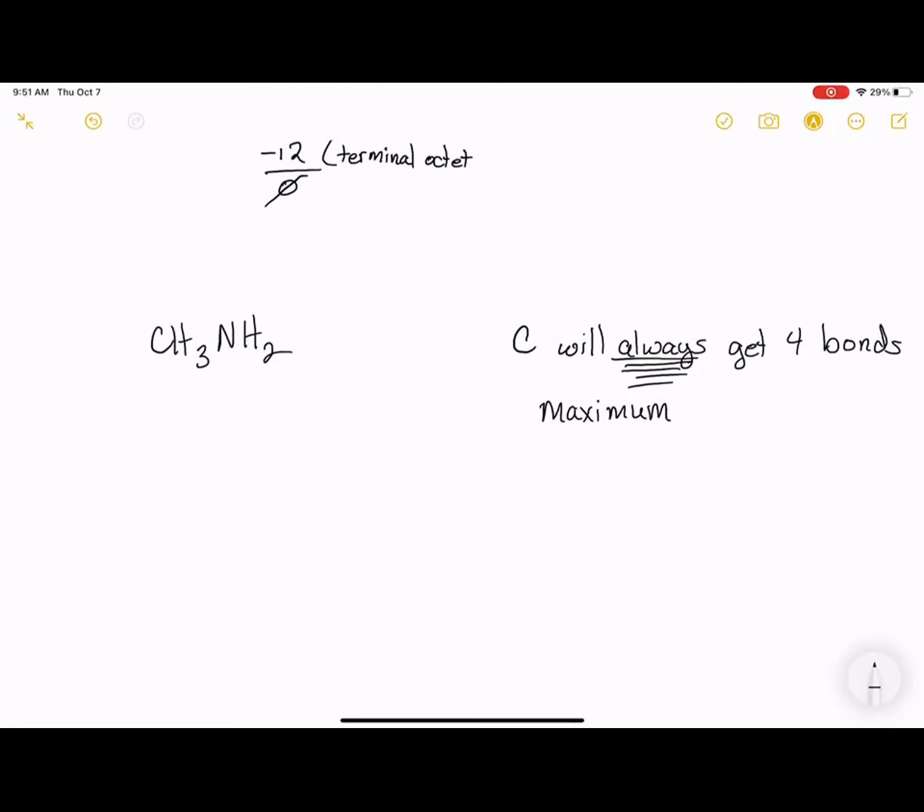Now, this is what is referred to as a structural formula. It is telling you how each thing is bonded. Now, before we get into taking that structural formula and converting it into the Lewis-Dot structure, let's start by doing the same thing though.